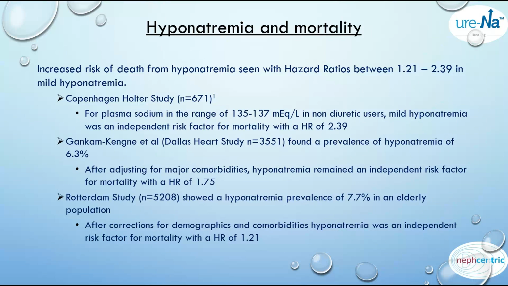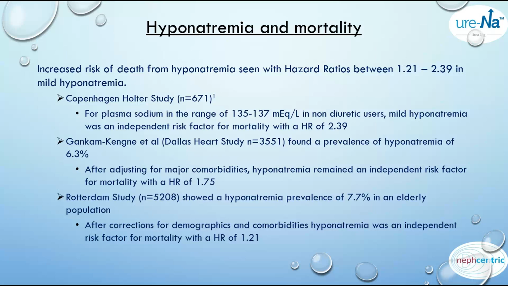This next slide talks about hyponatremia and mortality. The increased risk of death from hyponatremia is seen in the Copenhagen Holter study, where the hazard ratio was between 1.21 and 2.39 for a plasma sodium ranging between 135 and 137, even in patients who were not using diuretics.